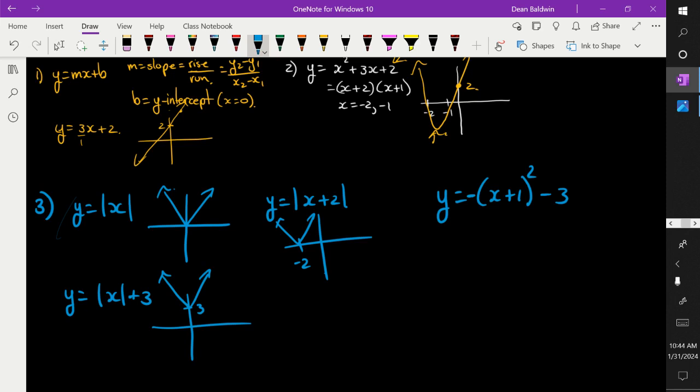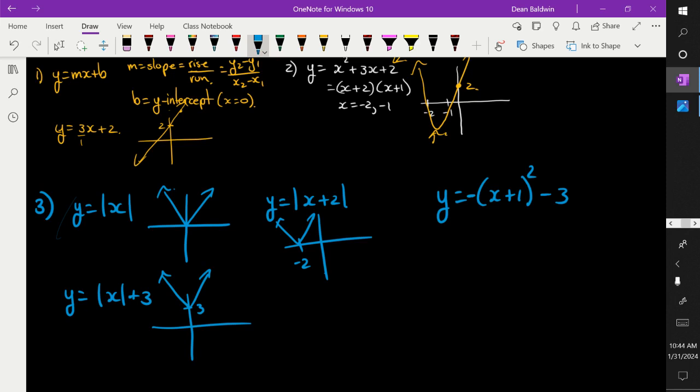What do these two numbers tell you as opposed to when you write it this way? It's not the y-intercept. What are these two numbers? It's slightly different than this. When you factor it, you get the x-intercepts. It's h and k. It's the shift. These numbers give you this point. Okay?